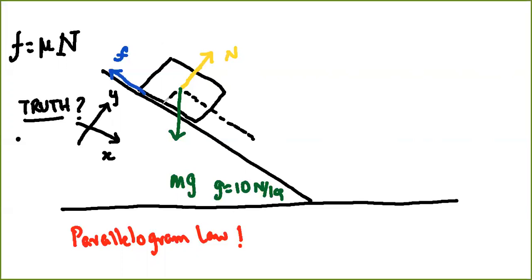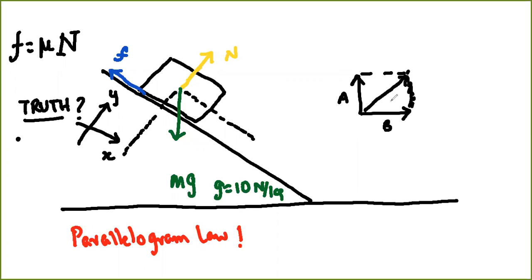Okay, so it works like this. You remember when we were studying vectors in an earlier class, we said that if you have two vectors, vector A and vector B, you can add these two vectors up by using something called the parallelogram law, and you get a resultant vector like this.